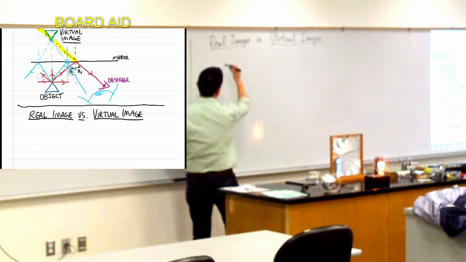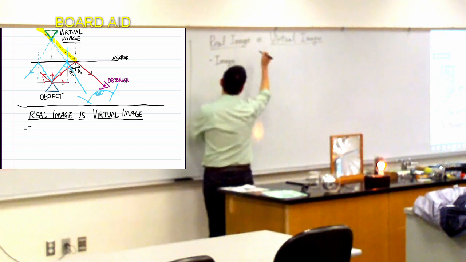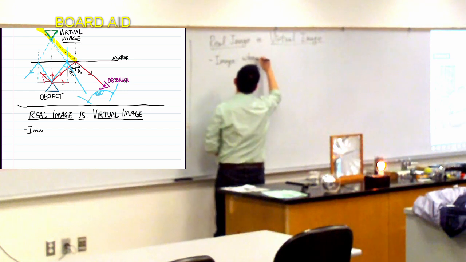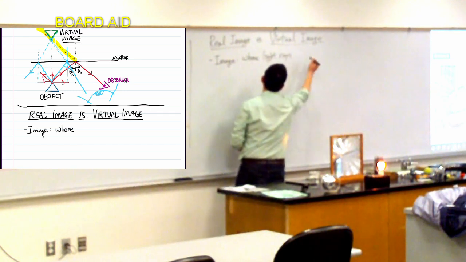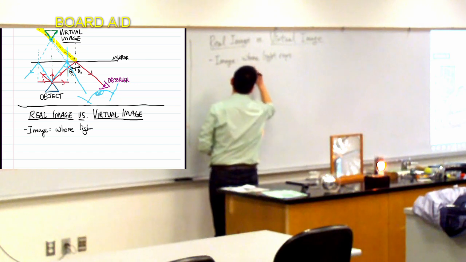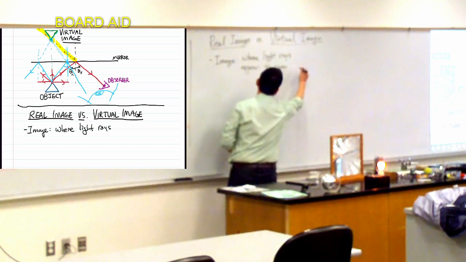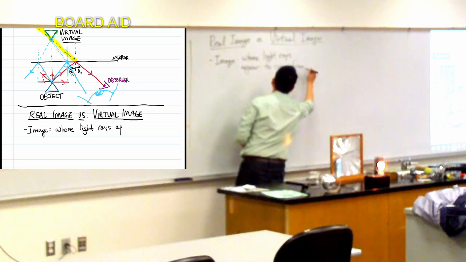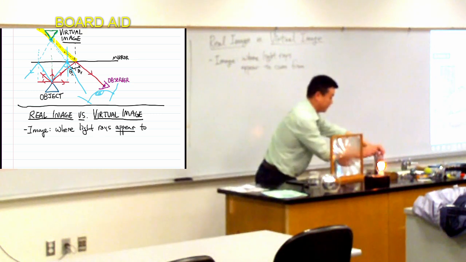In both cases, you would say the image is where light rays appear to come from. And I guess it's better to define just the word real.